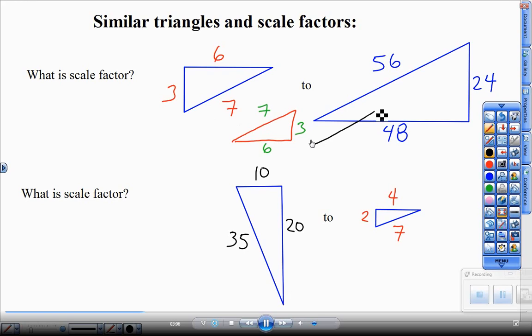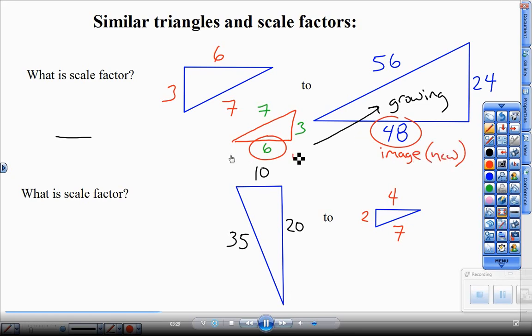This is going from small to big. So I'm going to put the new length, the image length, over the old pre-image length. The new length is going to be bigger, so the number on top is going to be bigger. The old length is smaller, so these are going from small to big. Big number on top, small number on the bottom.